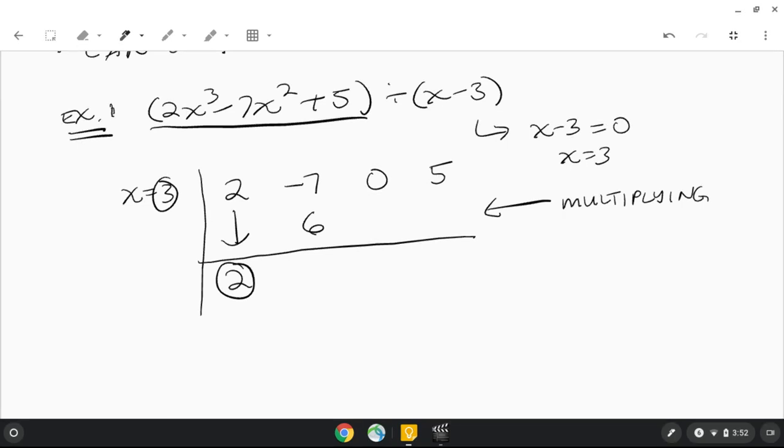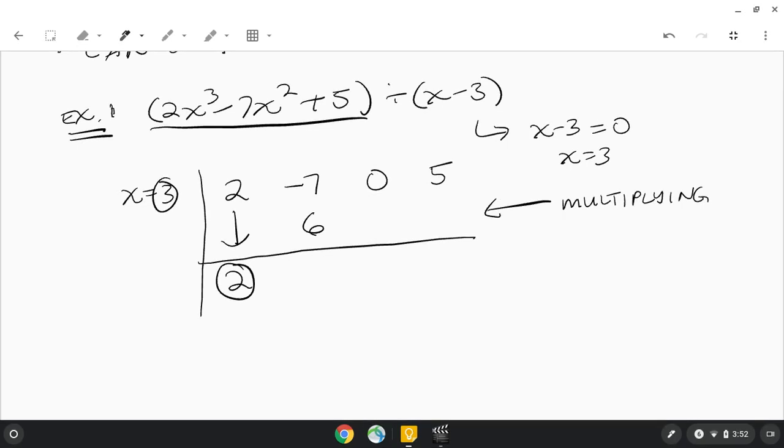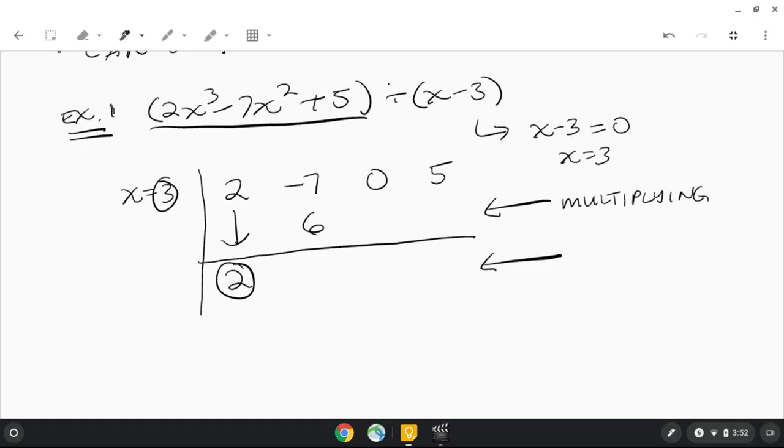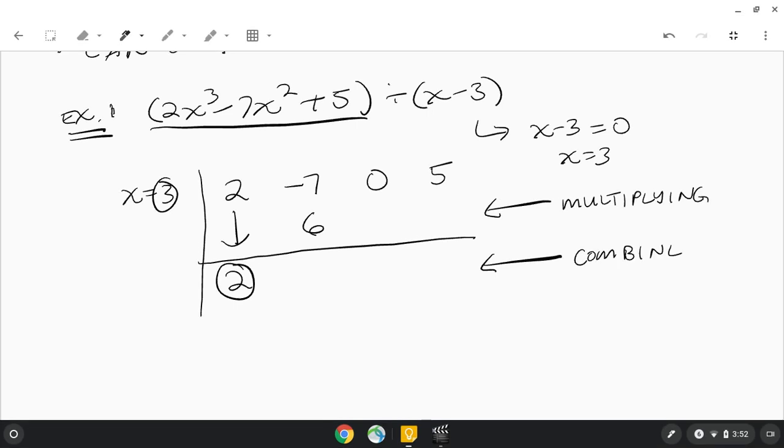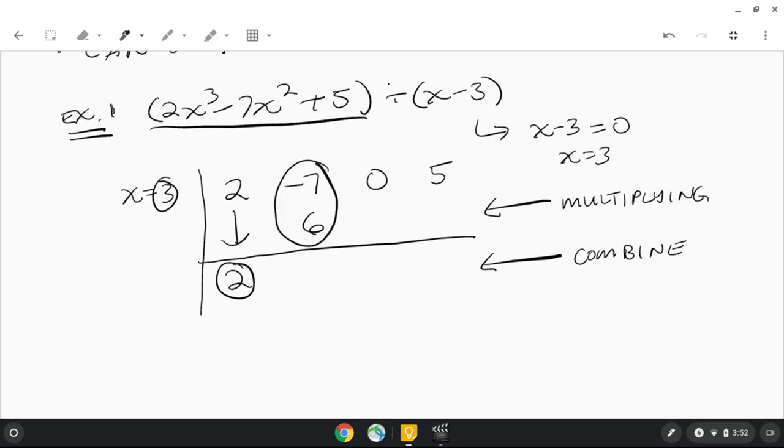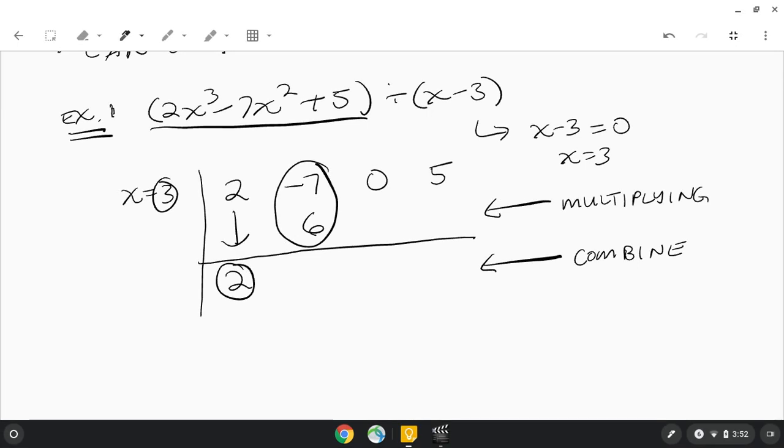I'm also going to fill this row with numbers, and the way I get these numbers is by combining. What do I combine? These two right here. -7 plus 6 is -1.